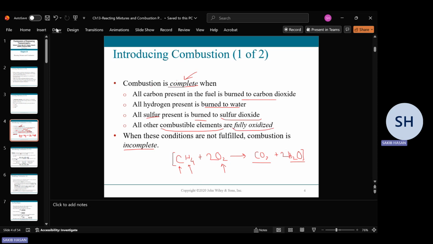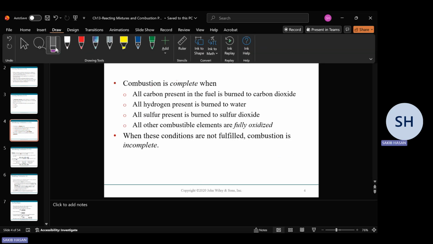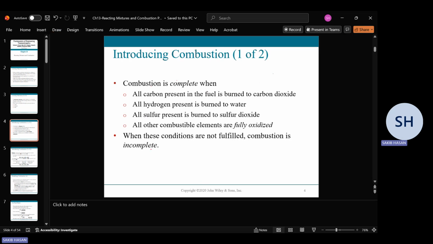However, if under some circumstance these conditions are not met, then you have what's called an incomplete combustion. Usually in an incomplete combustion, you will have products such as carbon soot, which is primarily graphite, I believe, as well as carbon monoxide, which is a poisonous gas.